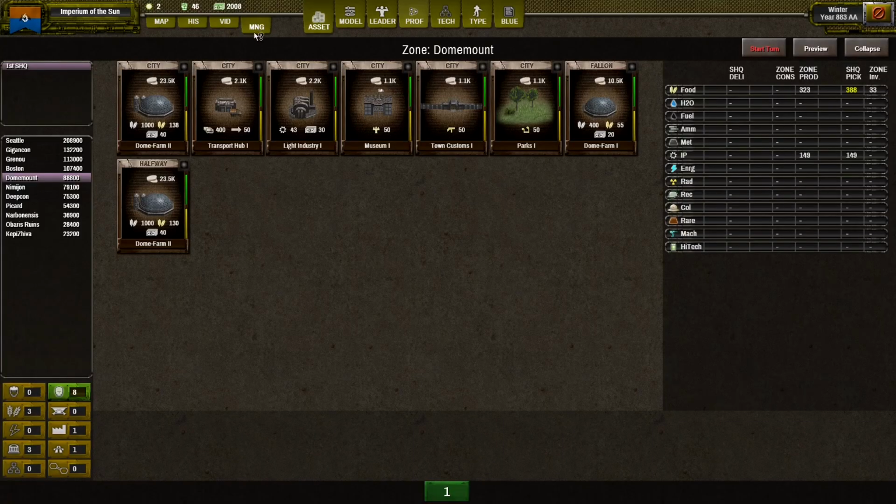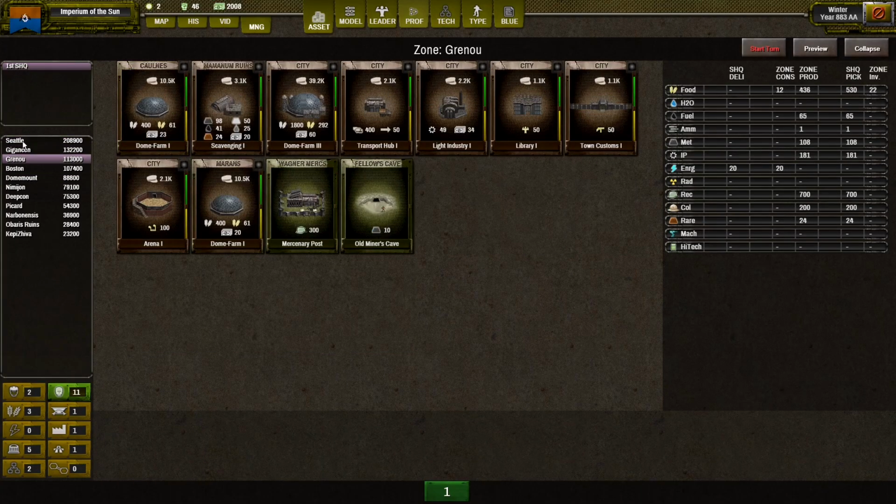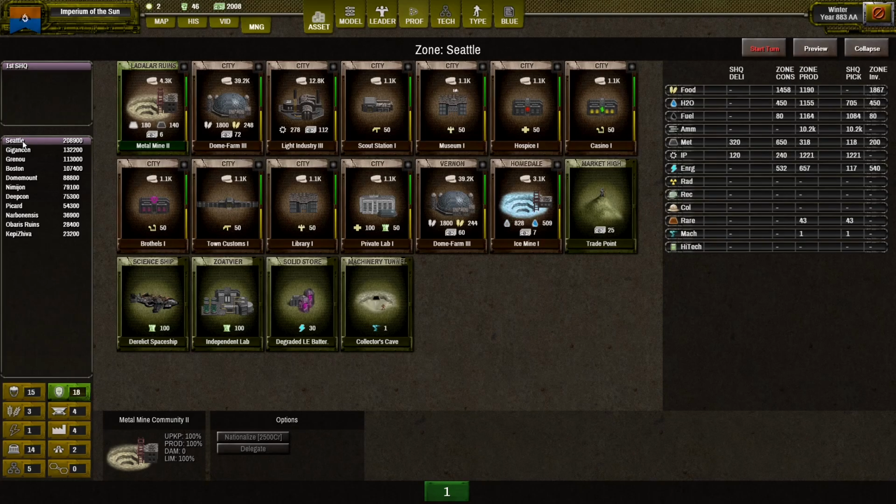In the Manage tab, when we check our assets, we can filter between public and private ones, and here we can see quite easily what is going on in our private economy.